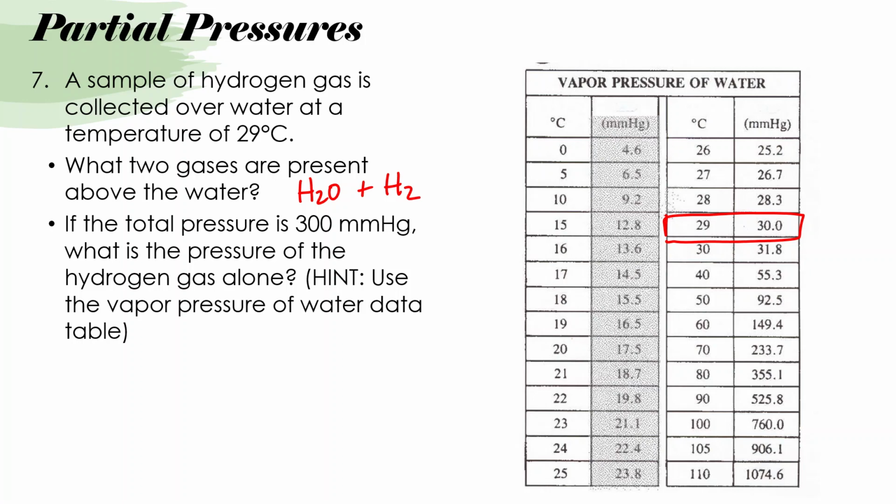So we know that the total pressure is going to be equal to the pressure of water plus the pressure of hydrogen. So our total pressure in this case is 300 millimeters of mercury. Now at 29 degrees Celsius, the vapor pressure above water is 30 millimeters of mercury.